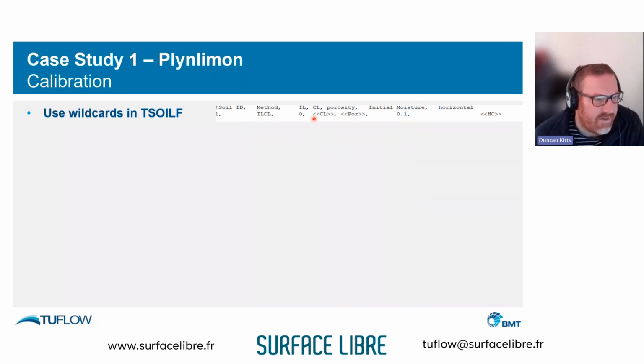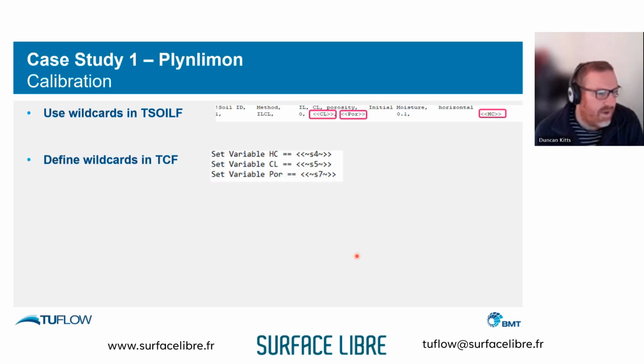Here we have these caret symbols and the CL variable or wildcard, the POR variable, and the hydraulic conductivity variable. Within our TCF, we can set that variable to a particular scenario that we read into TUFLOW at the batch file stage. So when we run TUFLOW, we read in these various different scenarios.